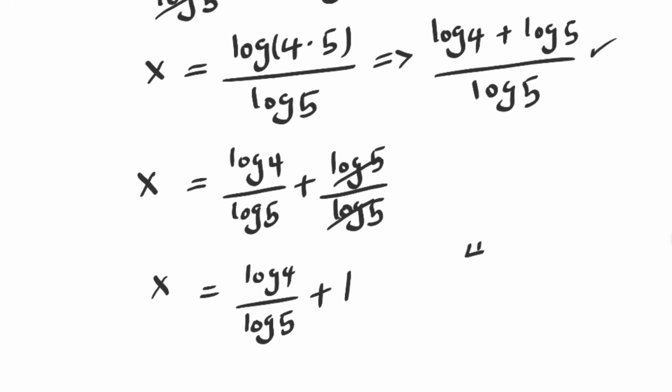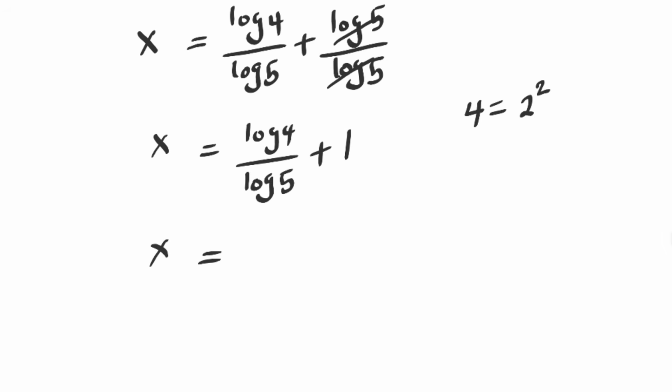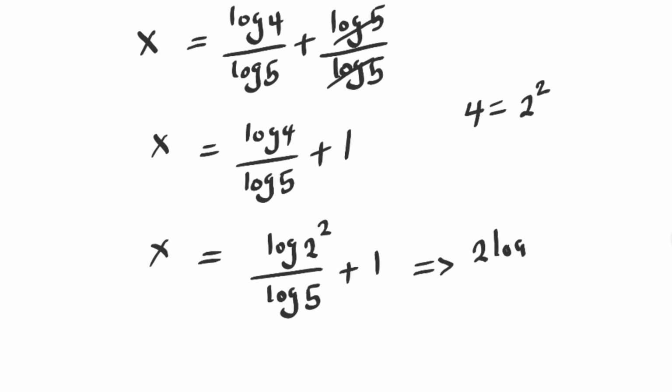Then 4 is equal to 2 square. x is equal to log 2 square over log 5 plus 1. And this is the same thing as 2 log 2 plus 1, this is over log 5.